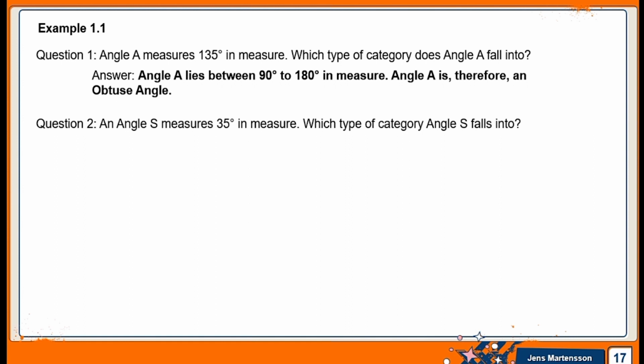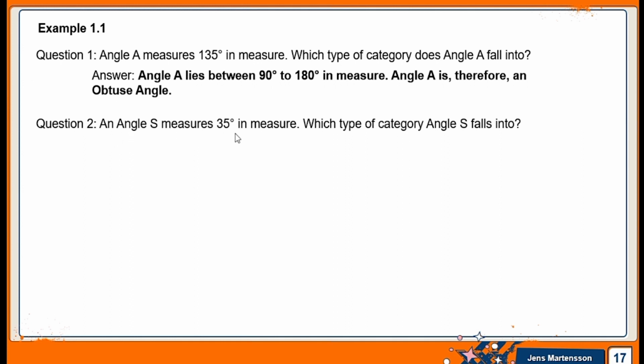So, recall the definition of an acute angle. An acute angle measures less than 90 degrees, but not equal to 0 degrees. Not equal to 0 degrees, but less than 90 degrees. So here, an angle measures 35 degrees.